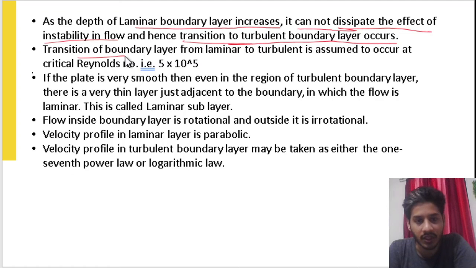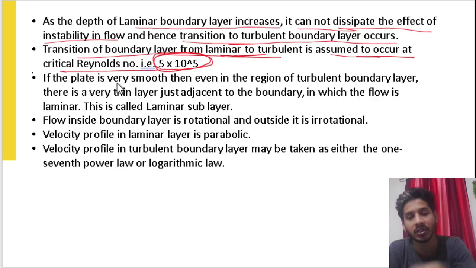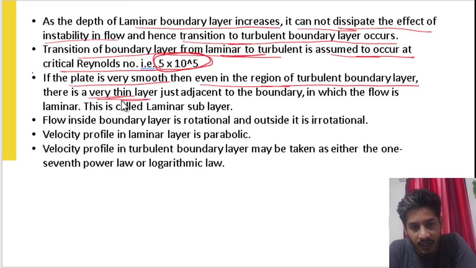So the transition of the boundary layer from laminar to turbulent is assumed to occur at a critical Reynolds number of 5 into 10 raised to the power 5. As I already told you, this is for external flow. Please do remember, if the plate is very smooth, even in the region of the turbulent boundary layer, there is a very thin layer just adjacent to the boundary in which the flow is laminar.